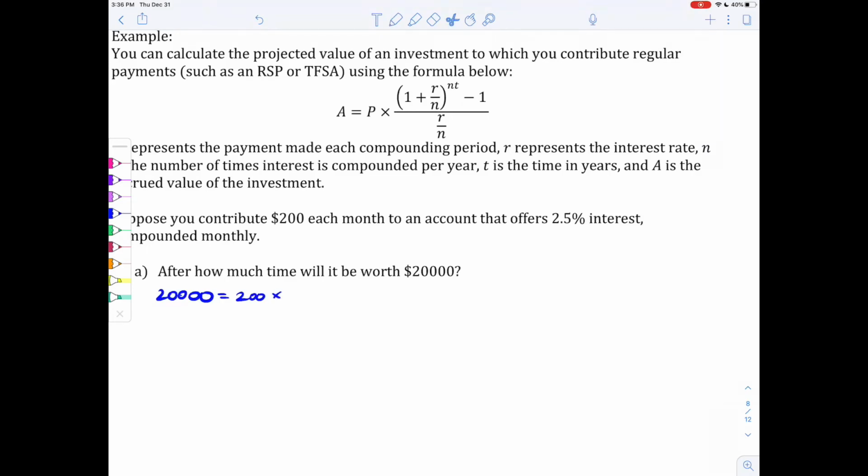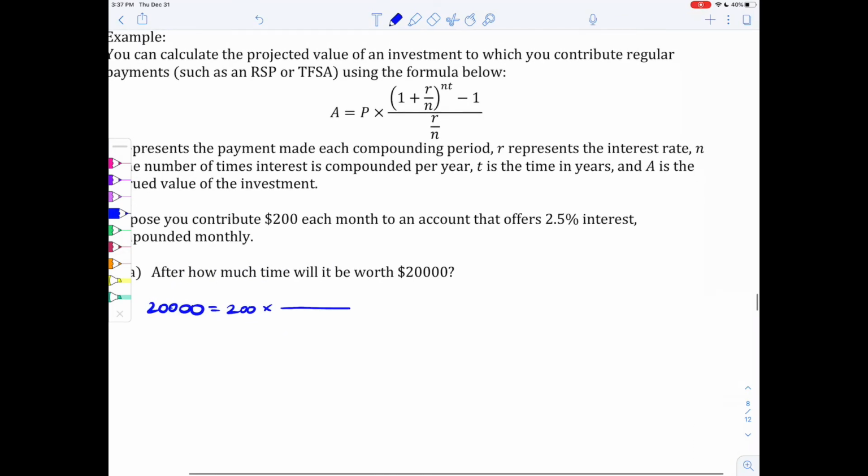I'm going to lower this whole thing a smidge, because I've got to have this fraction here. 1 plus r, where r is 2.5%, which is 0.025. And n, it's compounding monthly, which is 12 times per year. So there's my numerator, and r over n at the bottom is 0.025 over 12.